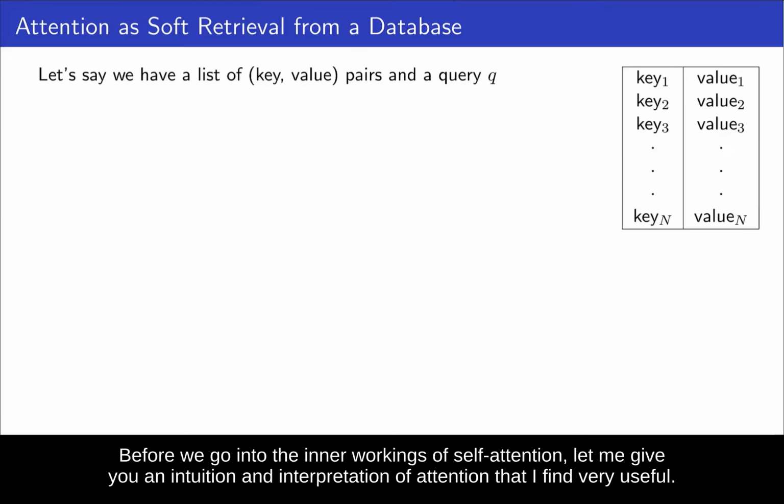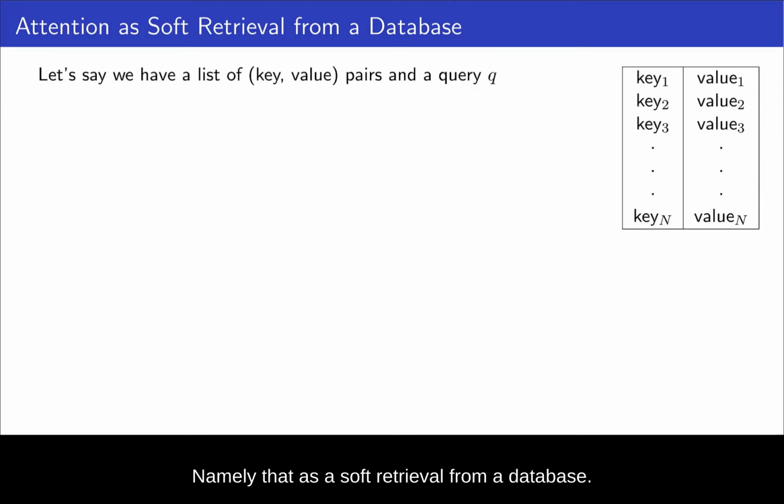Before we go into the inner workings of self-attention, let me give you an intuition and interpretation of attention that I find very useful, namely that as a soft retrieval from a database.